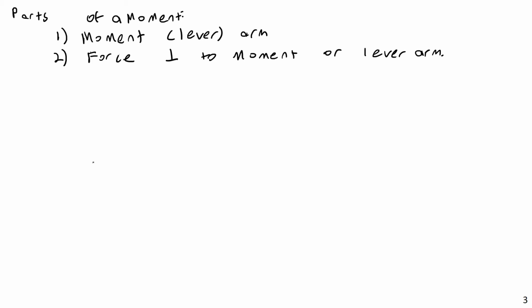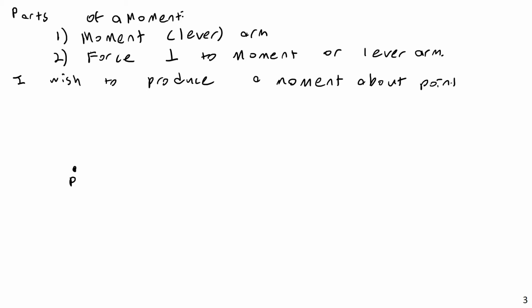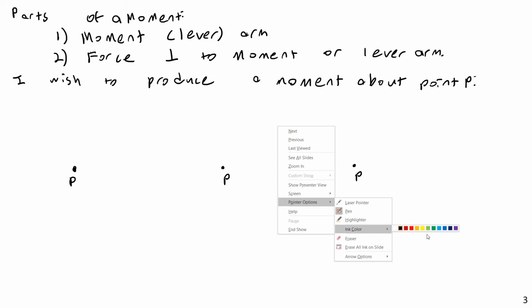So let's say I wish to generate a moment about point P. I'm going to describe three situations here, and these are just three independent situations, and talk about how each one of them would or would not produce a moment.